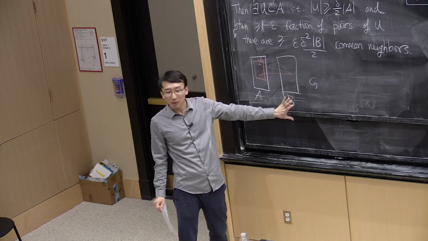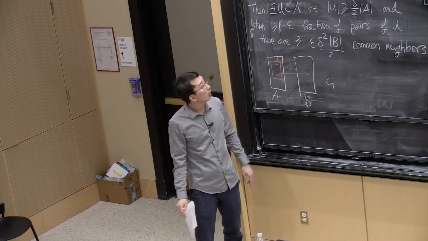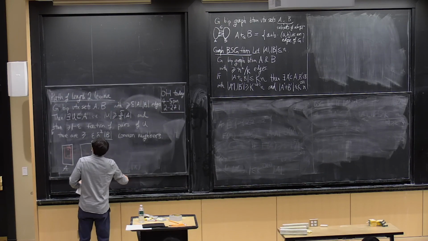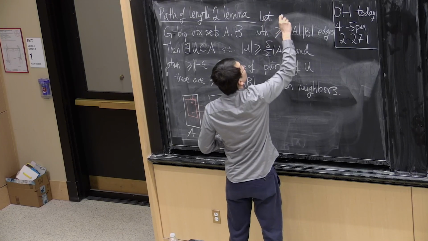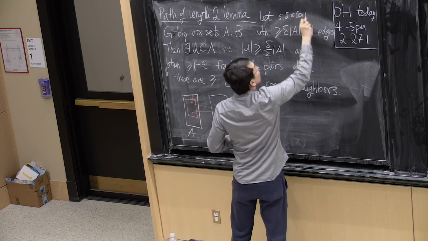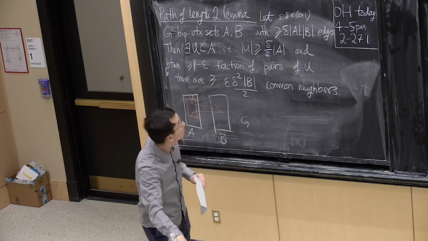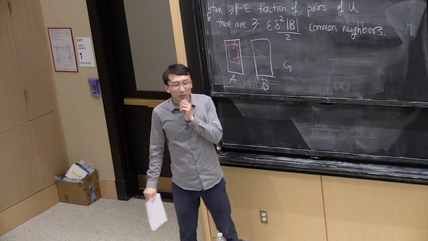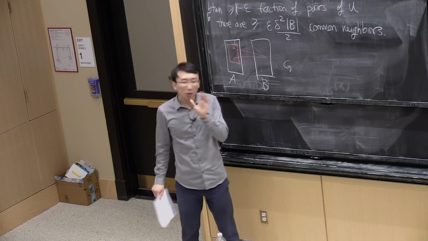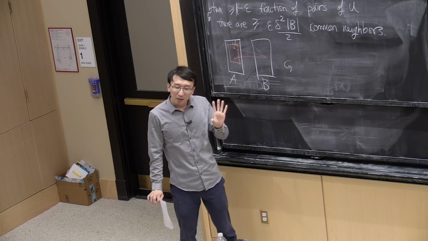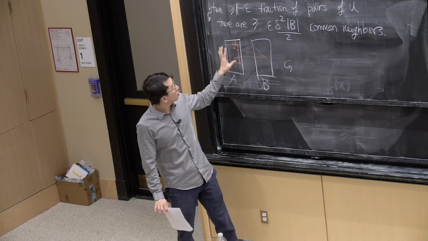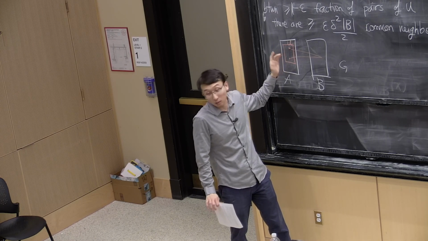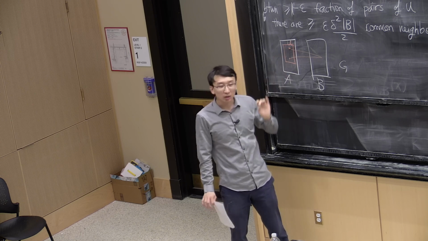Where have we seen something like this before? Yes, question? Yeah, so for every epsilon and every delta. So let epsilon, delta be parameters. Okay, where have we seen something like this before? So in a bipartite graph with lots of edges, I want to find a large subset of one of the parts so that every pair of elements, or almost every pair of elements, have lots of common neighbors.